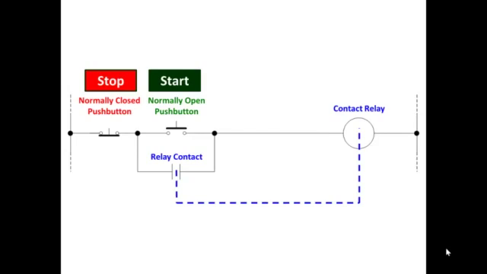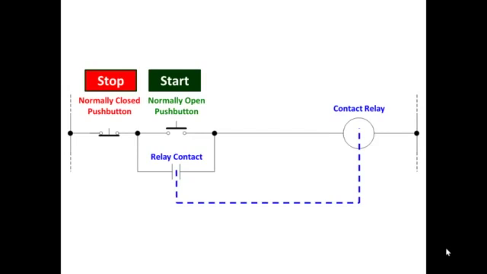So if you let go of the normally open push button, you still have the path for continuity through the relay contact to hold the relay closed. So we call this seal-in logic. That's called a seal-in contact. So you energize the relay, and the relay holds itself on through that contact.